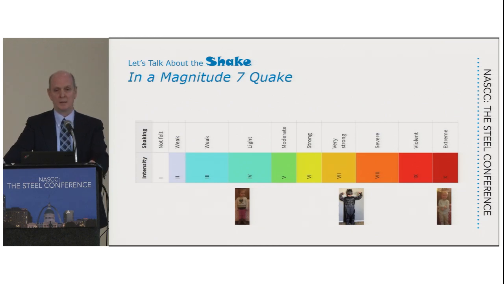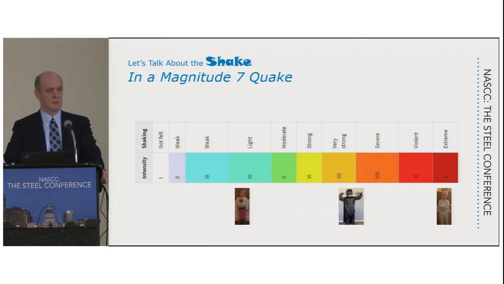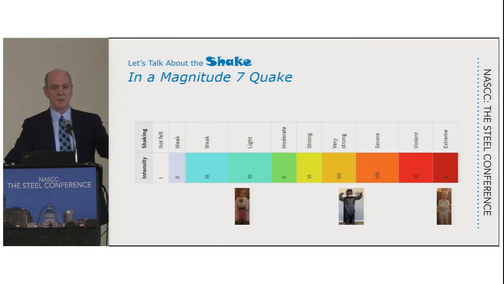We can't do that. But we can give you a range. We can predict what the 4th percentile shaking intensity will be. We can predict what the 98th percentile shaking intensity will be. And we can predict what the 50th or median percentile shaking intensity will be.